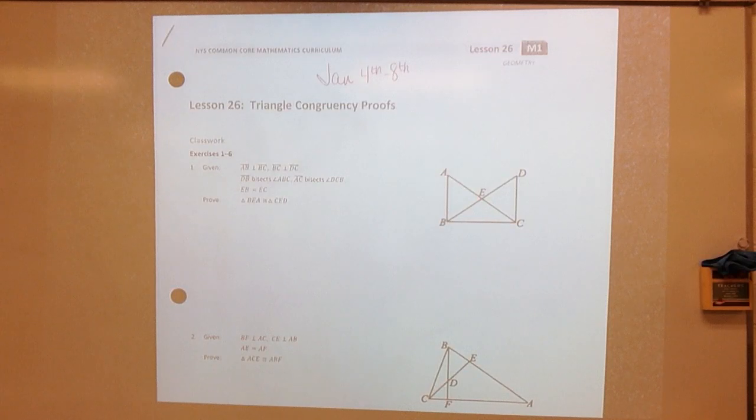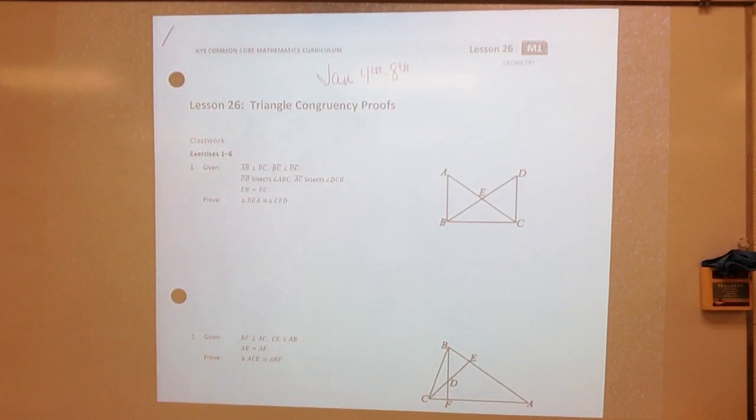By now we have talked about several different ways that we can prove our triangles congruent. Some of the examples: angle, side, angle, side, the HL theorem. So we're going to put it all together. Our learning target is students complete proofs requiring a synthesis of skills learned in the last 4 lessons.